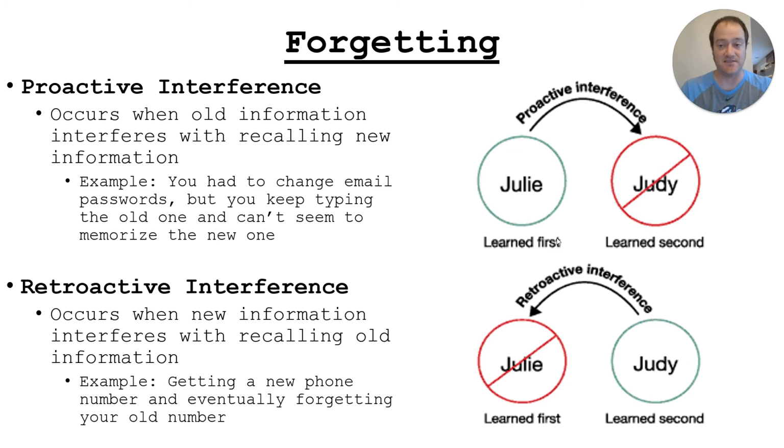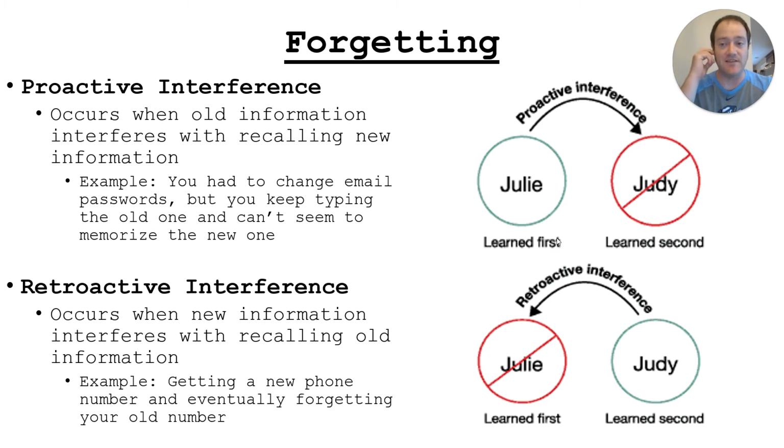Wake County requires us to reset our passwords every so often for our email and Wake ID and all that stuff. Usually whenever I change that password, the first couple of times I go to type it in, I tend to type in the old one before I memorize the new one. It takes me a while because that old information has covered up the new information of recall.